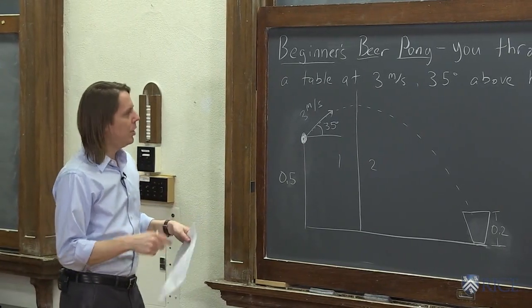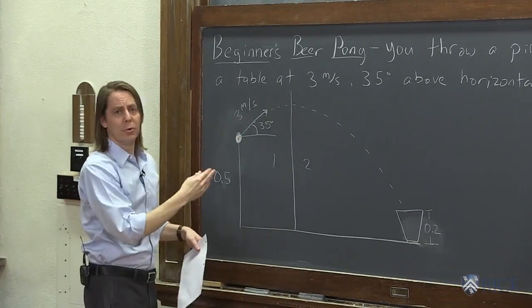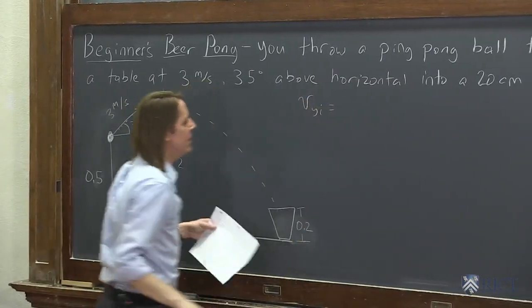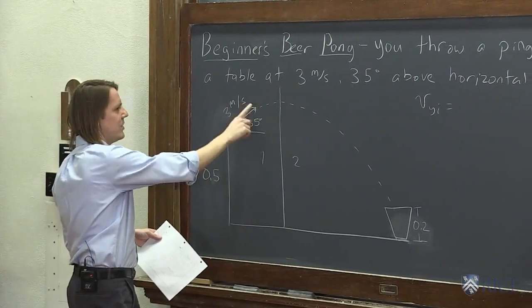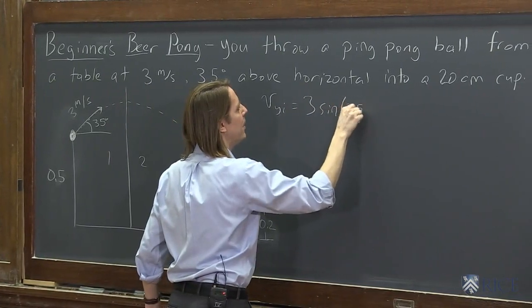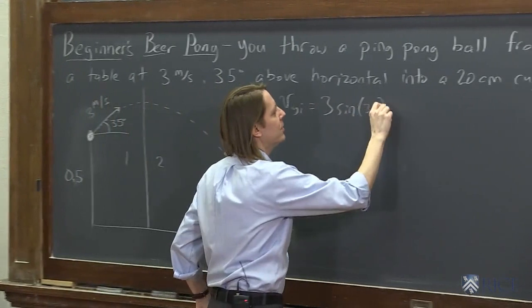So we're going to solve it that way. Start, as you typically would, by breaking your v initial into components. vy initial is 3 times the sine of 35, which is 1.72 meters per second.